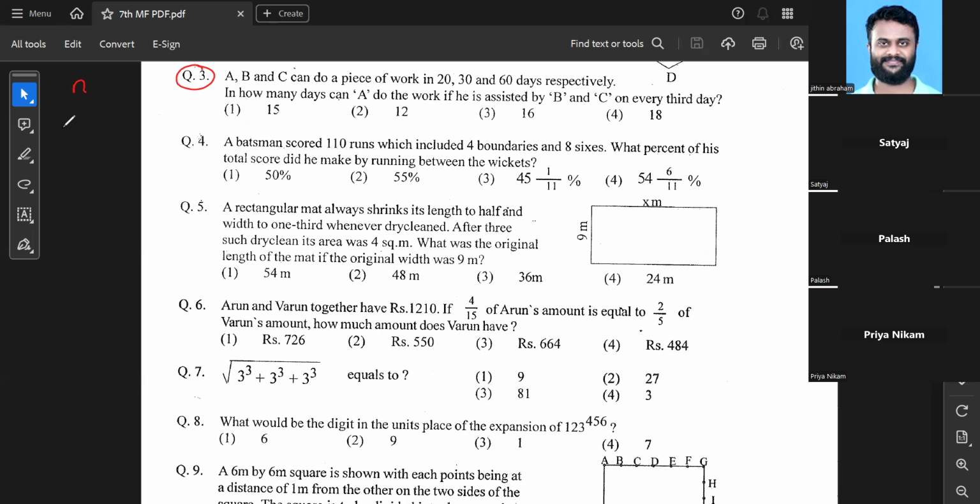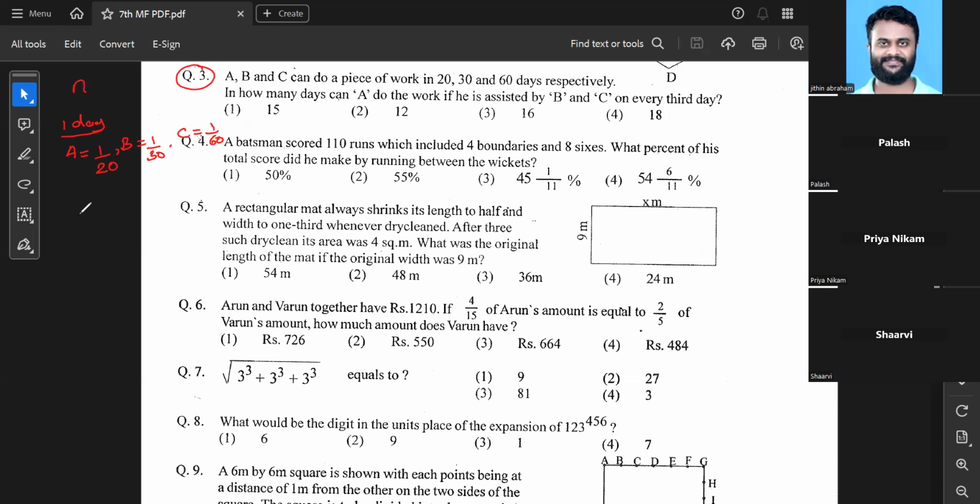Now, in one day, how much of the work can A complete? A can complete 1 by 20. Absolutely correct. B can complete 1 by 30, and C can complete 1 by 60. Beautiful. You're absolutely correct.